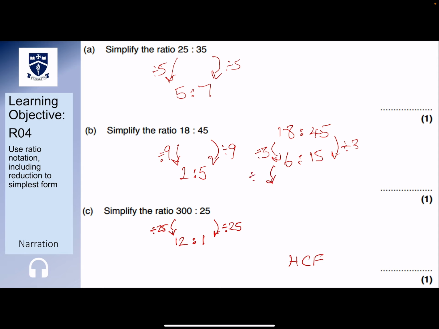So it could have been done by dividing by 3 and dividing by 3. And when I divide it by 3 again, I get 2 to 5. So these two answers are the same, but there was more than one way to get there. Highest common factor is the most efficient way, and that would be the way that I would be looking to do it every time. However, it is possible to do it in multiple steps.